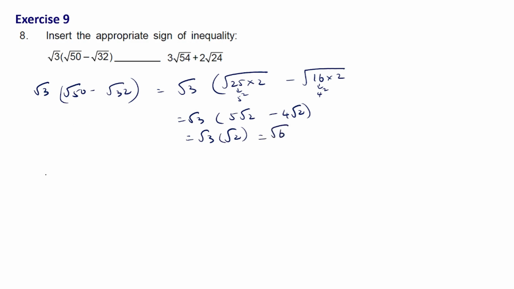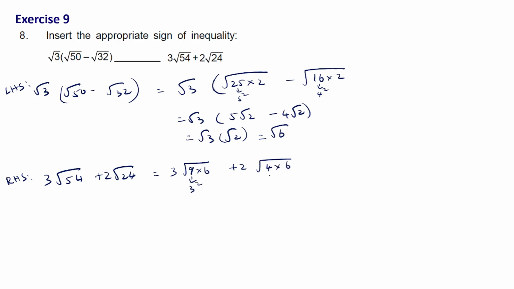Now let us consider 3 root 54 plus 2 root 24, the right hand side. Now 3 root 54, we can write 54 as 9 into 6, plus 2 root 24, we can write 24 as 4 into 6. So 9 is 3 square and 4 is 2 square.